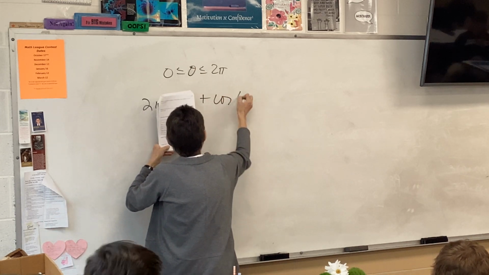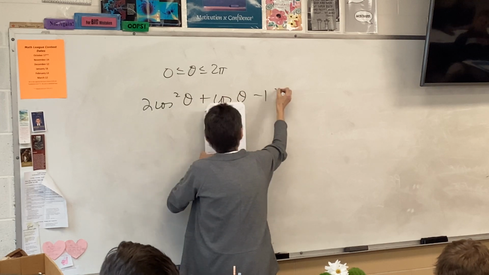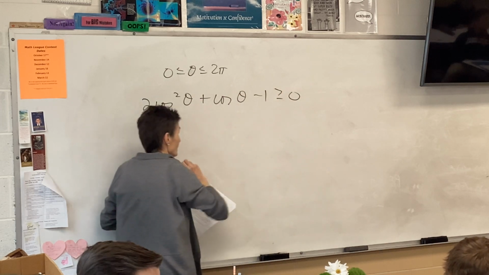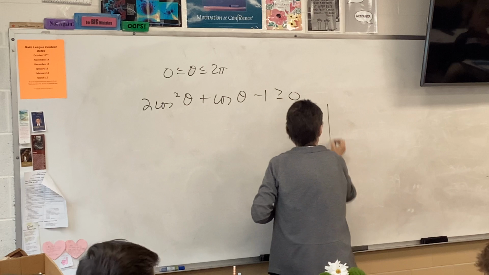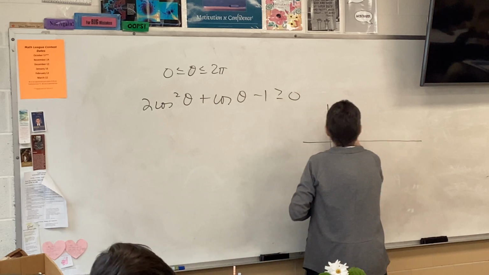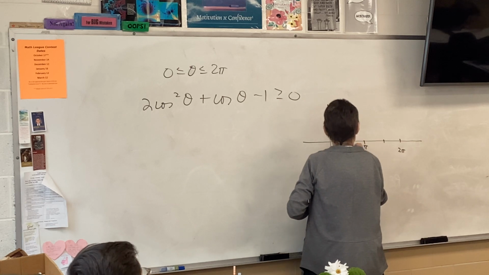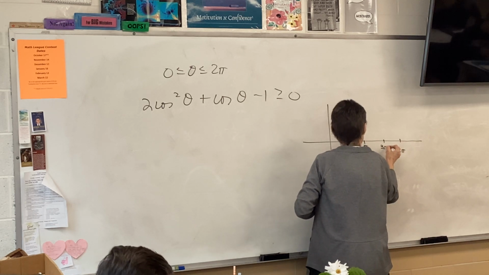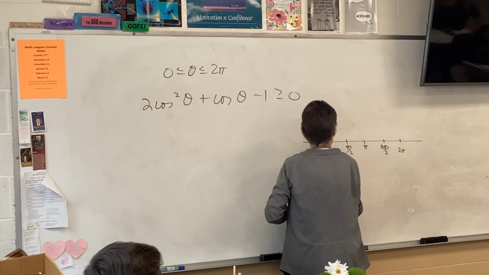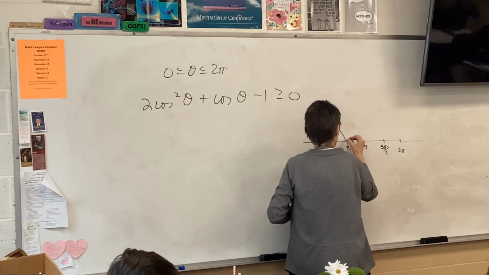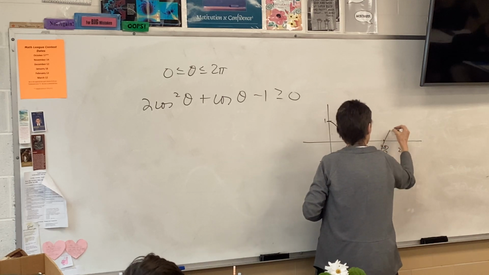2 cosine squared theta plus cosine theta minus 1 greater than or equal to 0. Okay, what do you think? How do you think we're going to start?